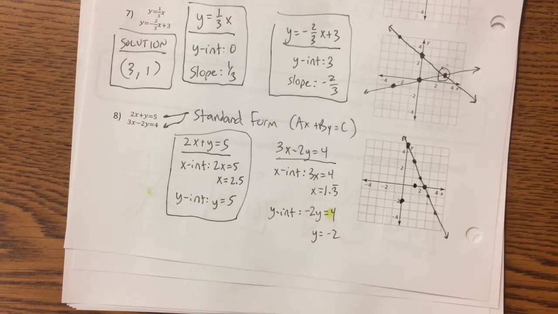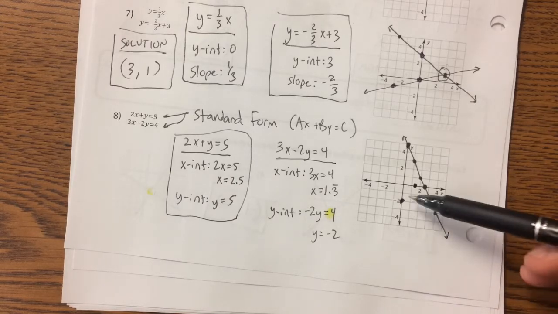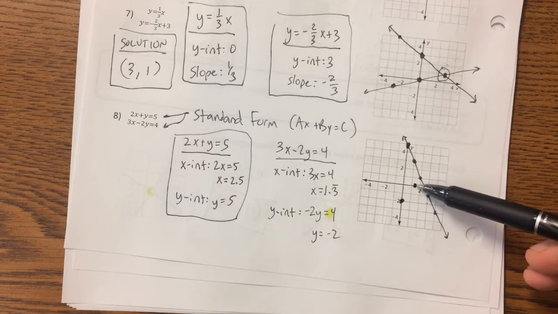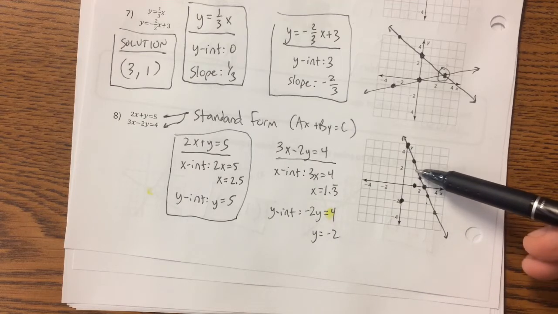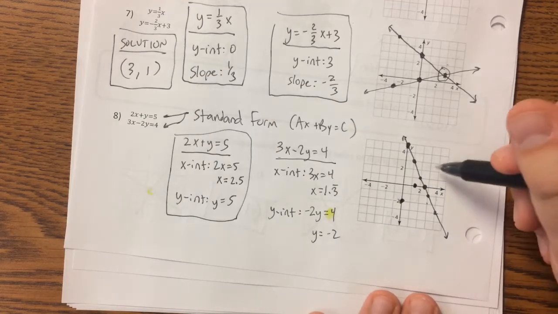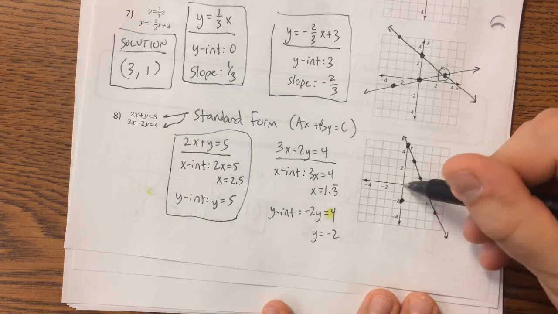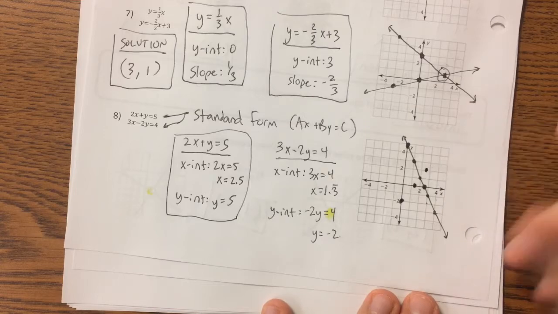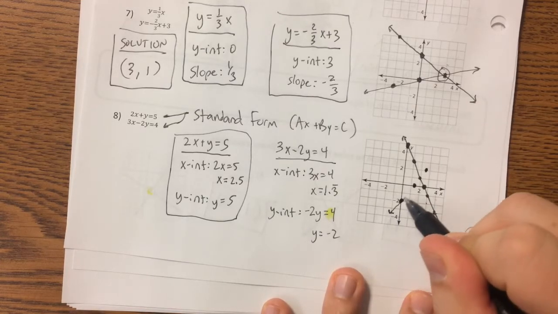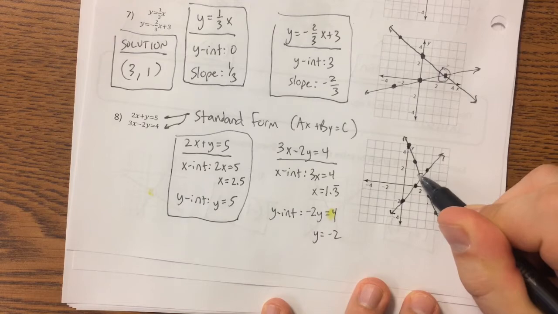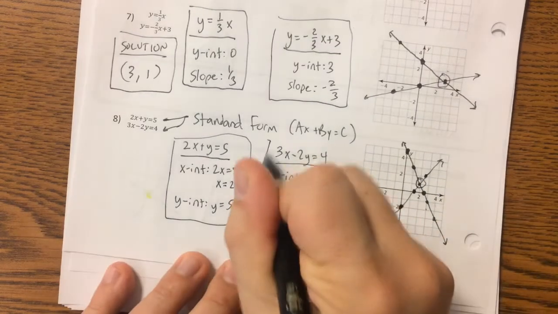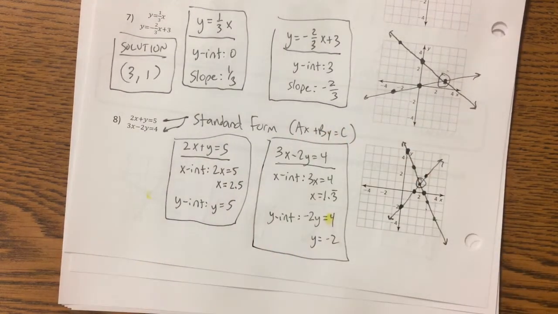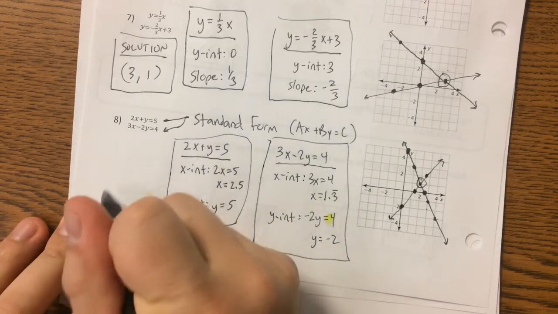Now, I think we can pinpoint where the solution is going to be, even though the slope here is a little tricky. You go up 1 over 1 1/3. Up 2 over 1 1/3 would put us right here. Our solution is right here. So what's the solution going to be? Yeah, 2, 1.